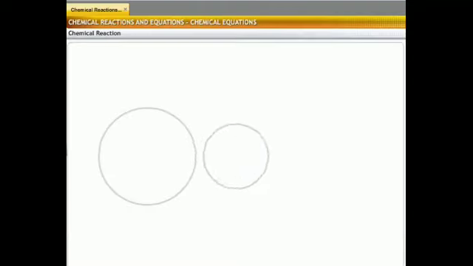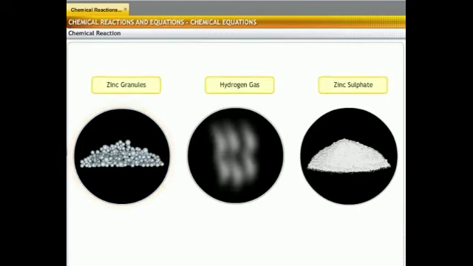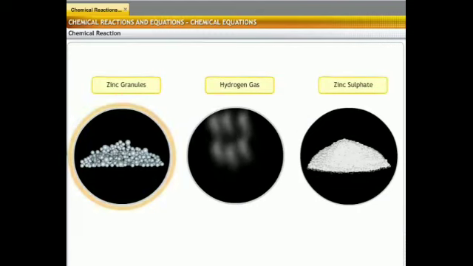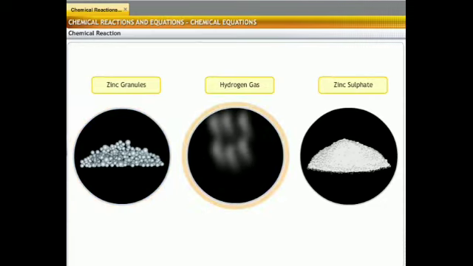It means the temperature of the reaction also increases. First we have taken grey colored zinc granules. After the reaction there is hydrogen gas and a white colored substance, zinc sulfate. It means zinc reacted with sulfuric acid and formed hydrogen gas and zinc sulfate.